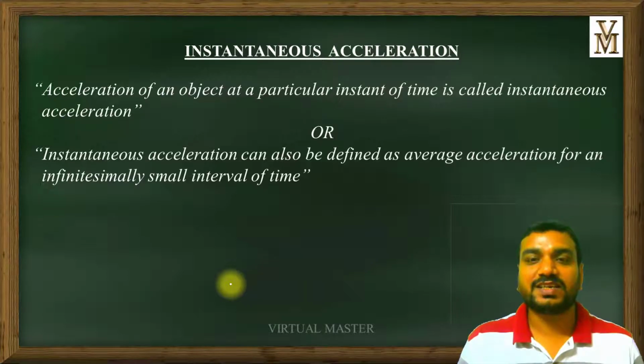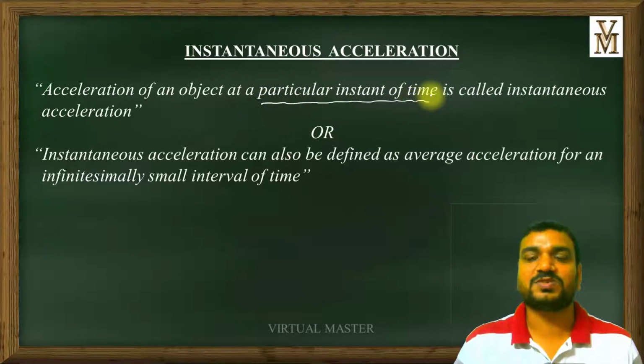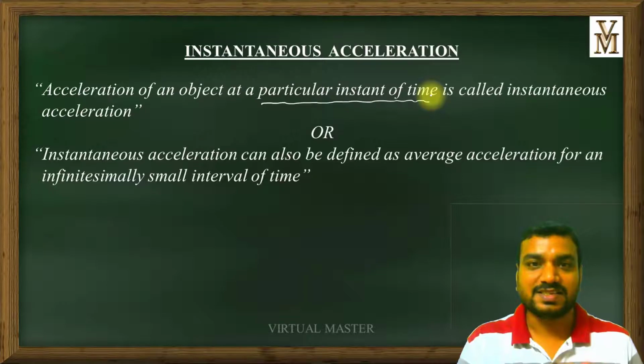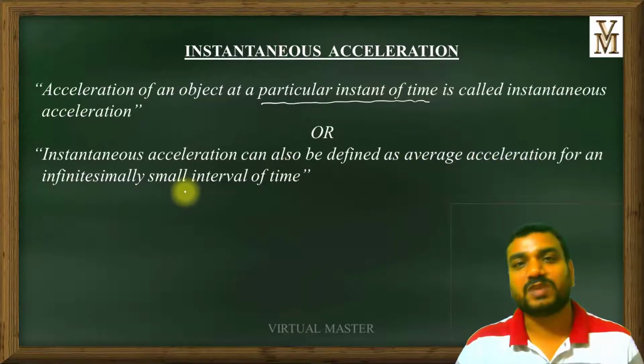Acceleration of the object at a particular instant of time is called instantaneous acceleration. There is one more definition of instantaneous acceleration: instantaneous acceleration can be defined as average acceleration for an infinitesimally small interval of time.